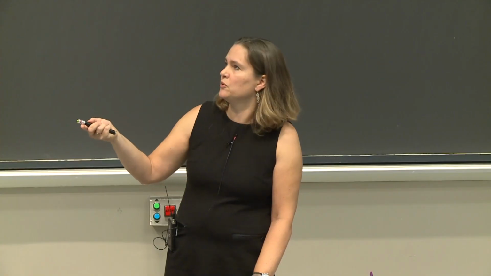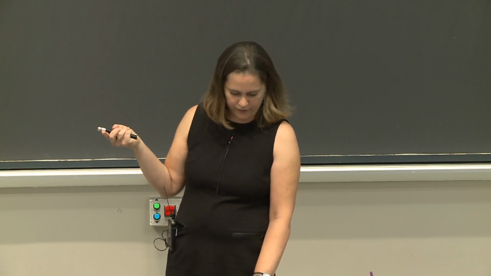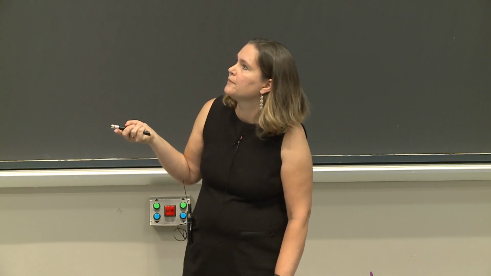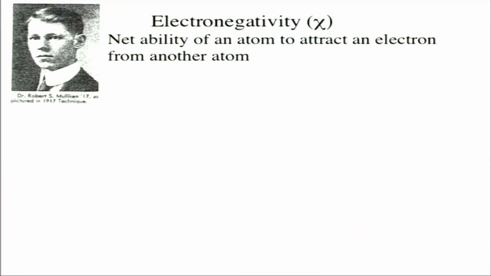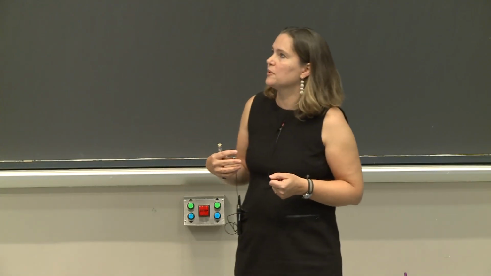I just thought it was weird to have recopied this and not this. So your handout for today is perfect on this point. So electronegativity: the net ability of an atom to attract an electron from another atom. So you can see that electron affinity and electronegativity are very similar. In fact, all of these terms are highly related to each other.